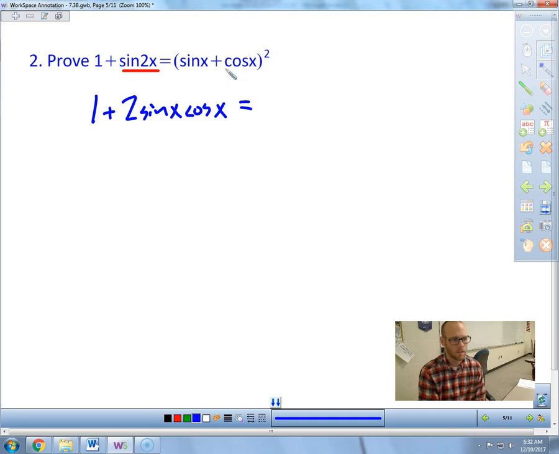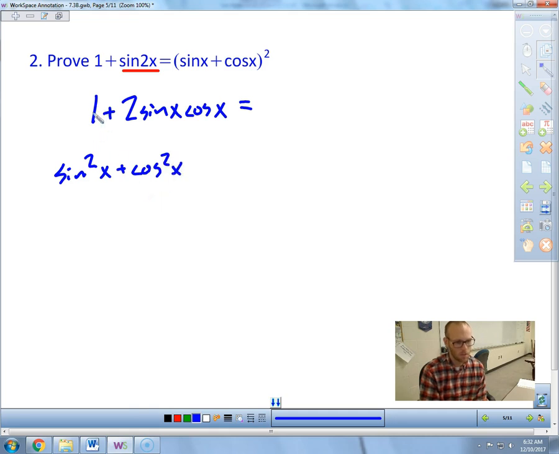Now I want to get this to equal the sine of x plus the cosine of x squared. Well, and this is probably why I picked this the first time to go the other way. What I would need to do now, realizing that I have the sine of x plus the cosine of x squared, is to look at this 1 and realize 1 is the sine squared of x plus the cosine squared of x.